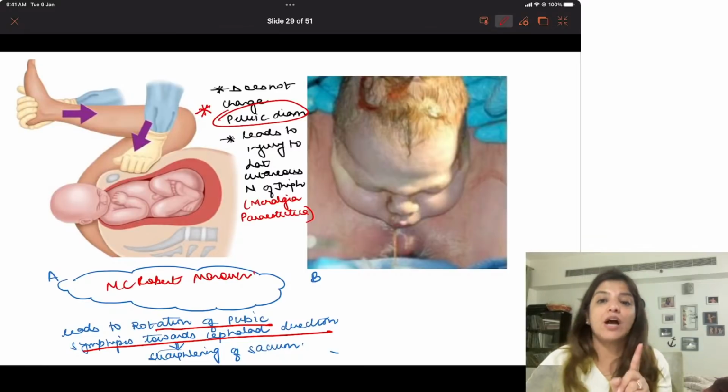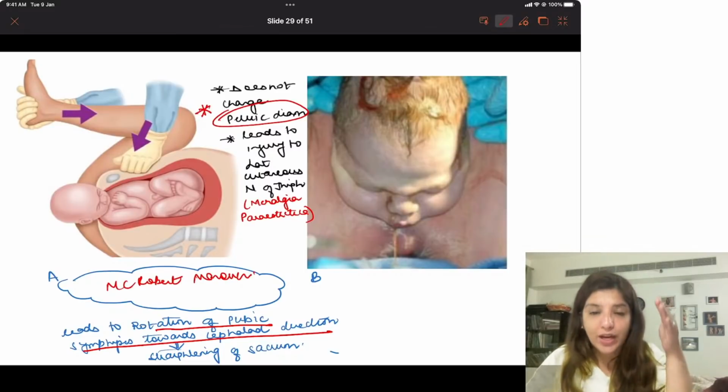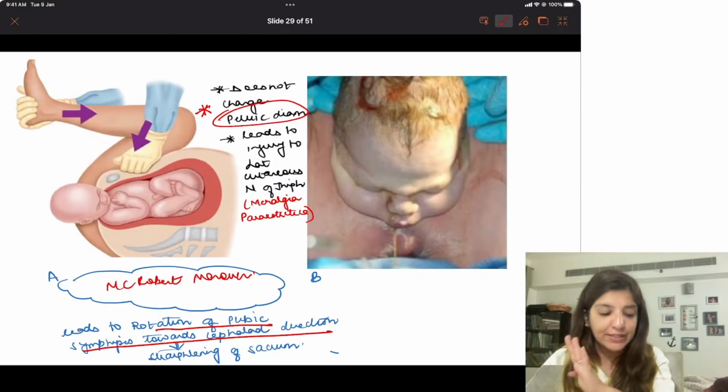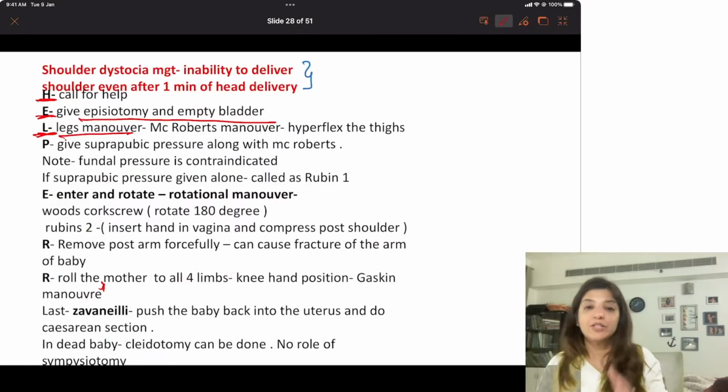There is straightening of the sacrum, and because of that there is more space, but there is no increase in pelvic diameter. Pelvic diameters will not change when you go for McRoberts maneuver.